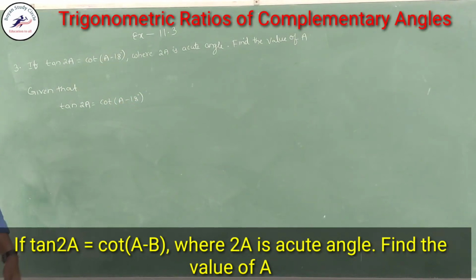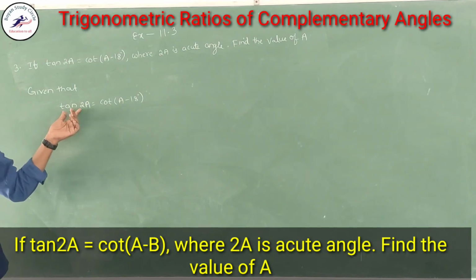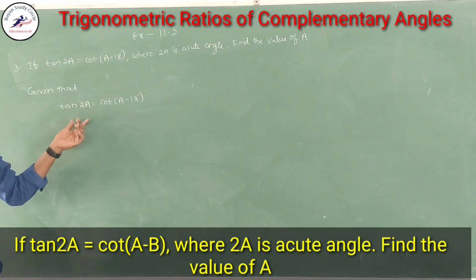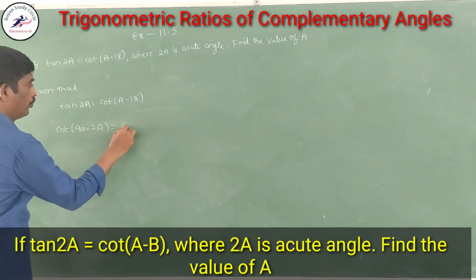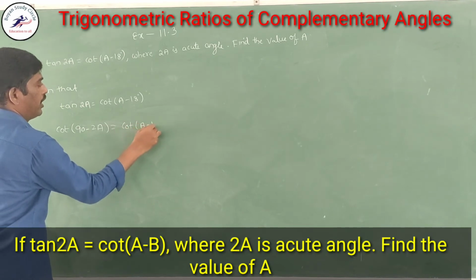Okay. So we know the complementary angle formulas. Tan 2a is equal to cot 90 minus 2a, we are going to write.